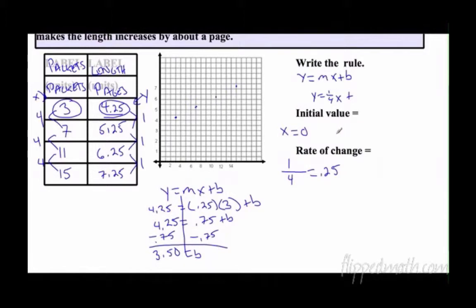Our initial value is 3.5 pages. So our equation is y equals 0.25x plus 3.5. And we used our points, what we knew, and our rate of change, what we knew, to find what we didn't know, which was our y-intercept.